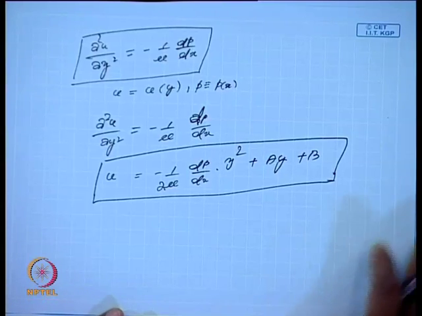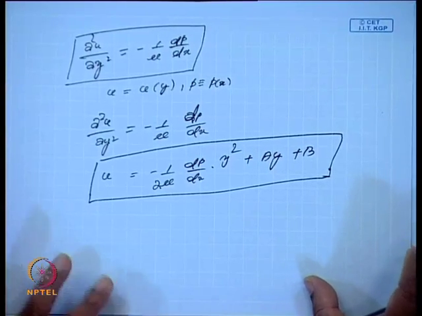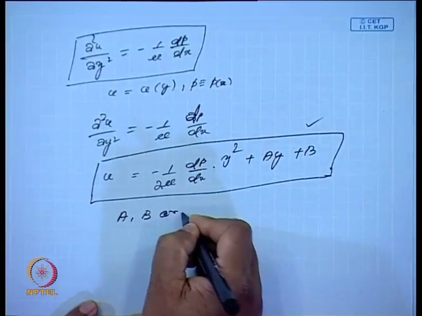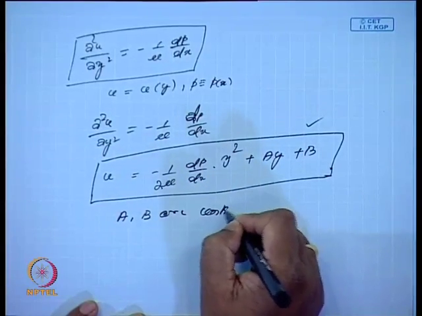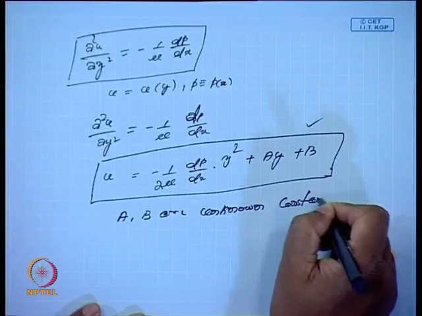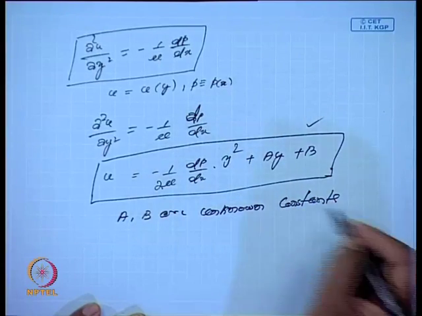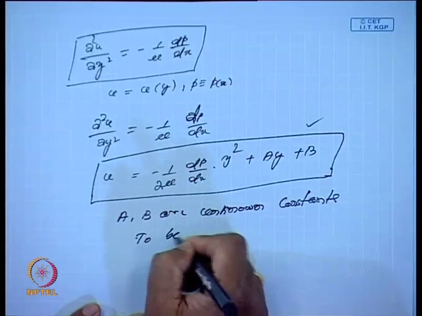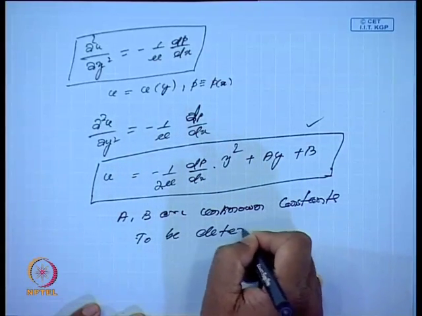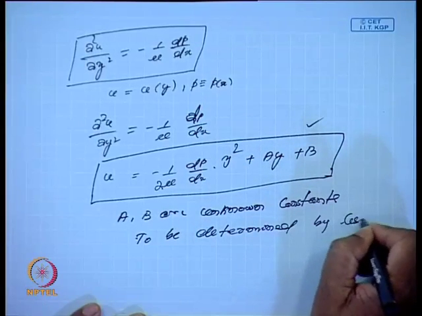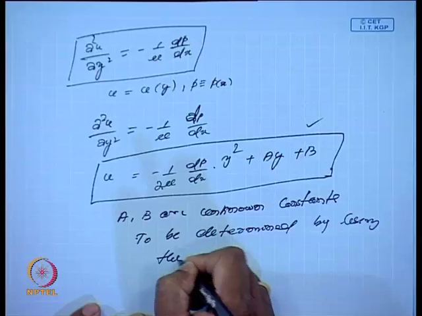The flow distribution u along the x axis has this form, where a and b are unknown arbitrary constants, to be determined by using the wall boundary conditions.